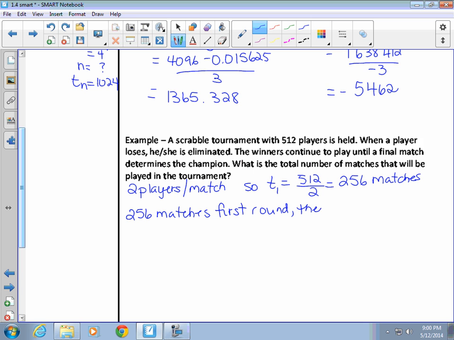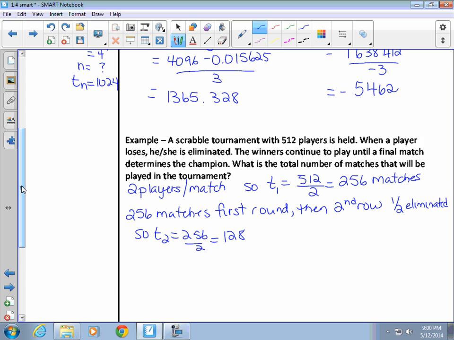Then in the second round, you'll have a winner and a loser, so half of those people are going to be eliminated. So my term 2 is going to be 256 divided by 2, so 128 matches in the second round.